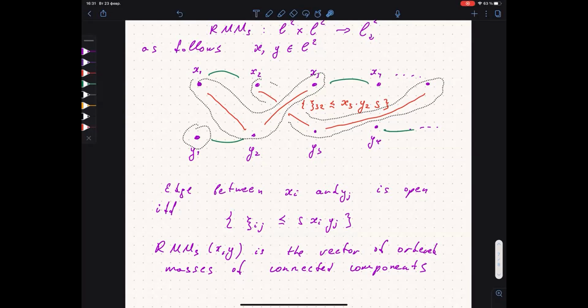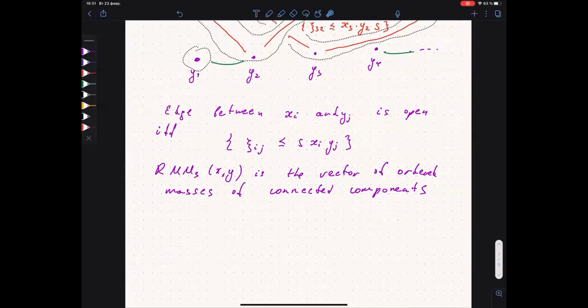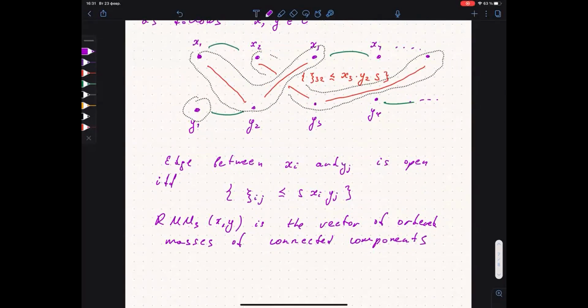Is it true that this is exactly the same probability if we have, for example, y2 and x3 in blocks, and then every edge arises with probability q? Is it the same probability as you mentioned?